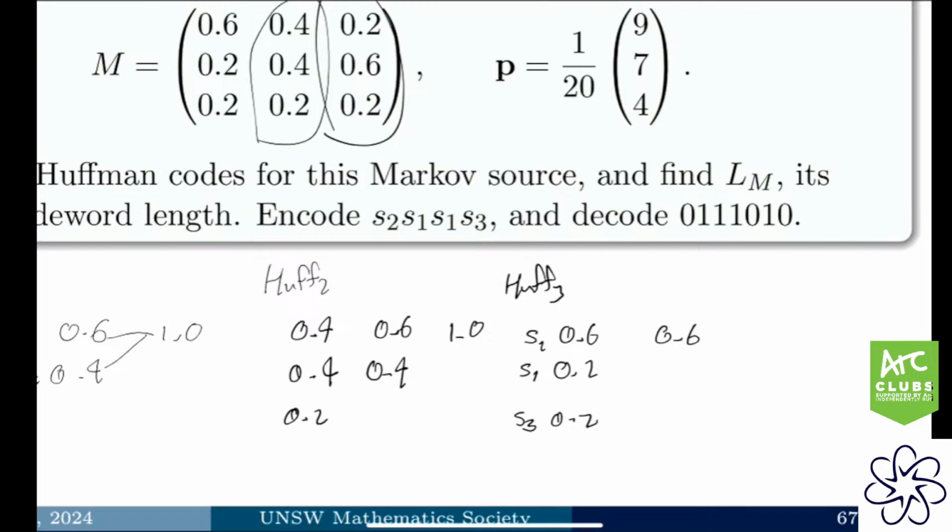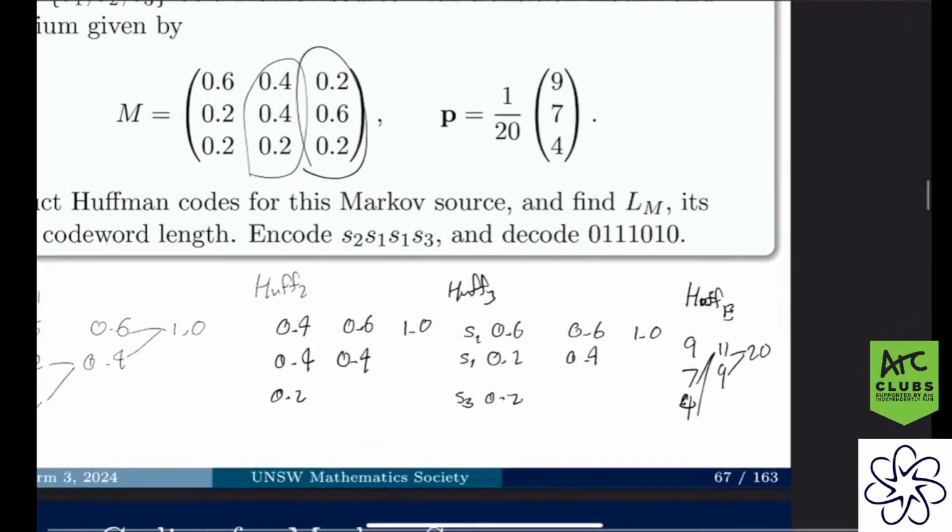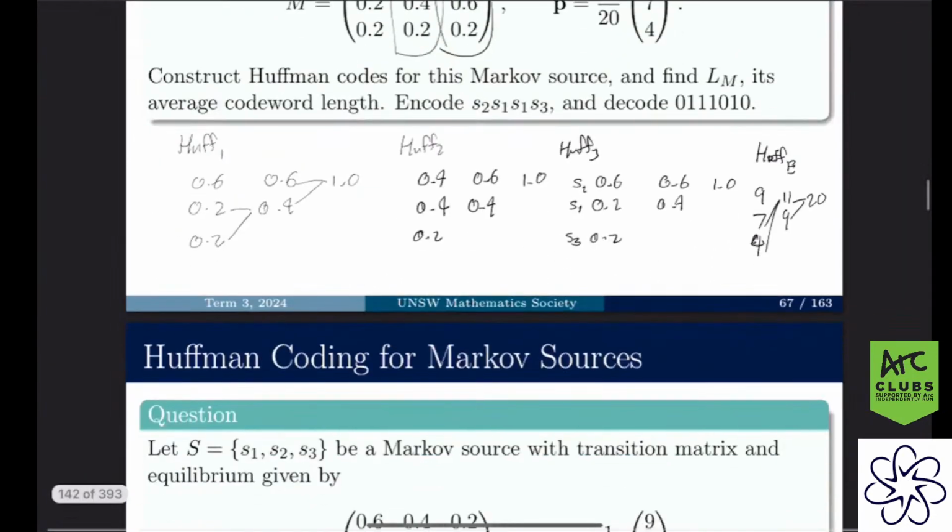This is 0.4, this is 1.0, and then Huff E, if you will permit me to ignore the 1 on 20 and just write this, is going to be 11, 9, 20 with this as the legs. All right, so that was just going through this.